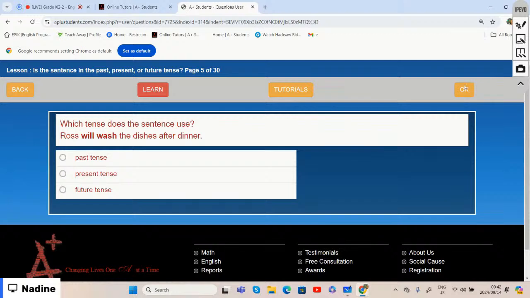Ross will wash the dishes after dinner. Will wash. So, will wash, is that past tense, present tense, option two, or future tense, option three?